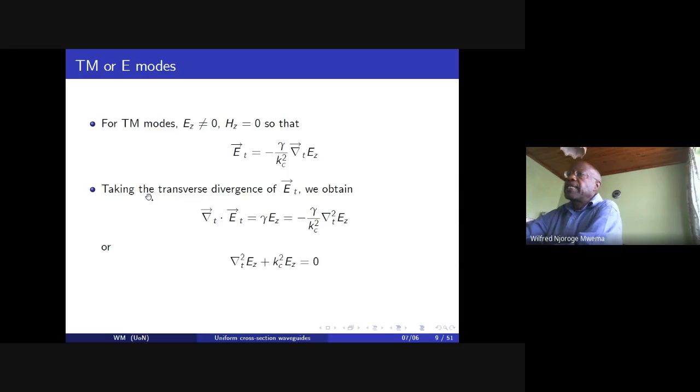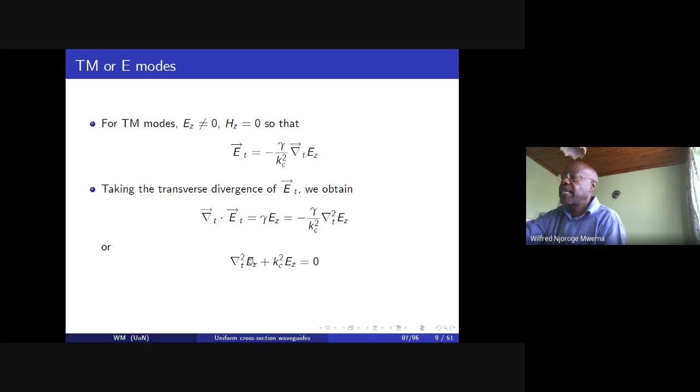Taking the transverse divergence of E, we can obtain the following. We take the dot product with the del operator, and we get a value of gamma Ez, which, using the auxiliary form of Maxwell's equations, that is Gauss's law, equals minus gamma by kc squared del squared Ez.